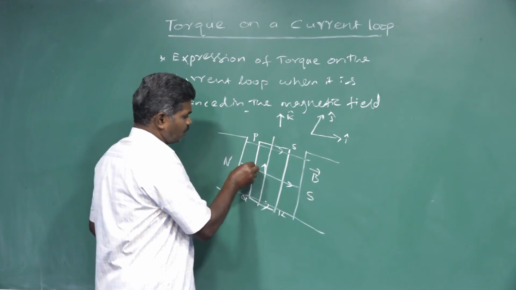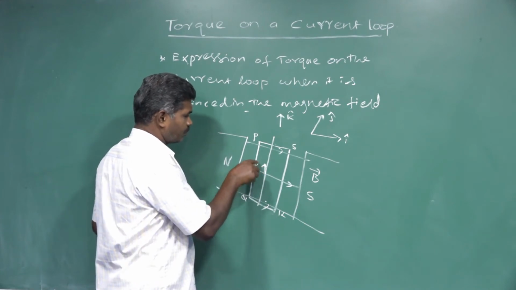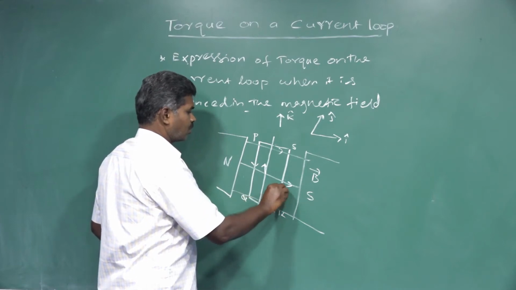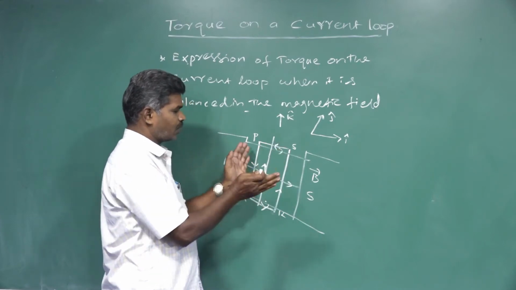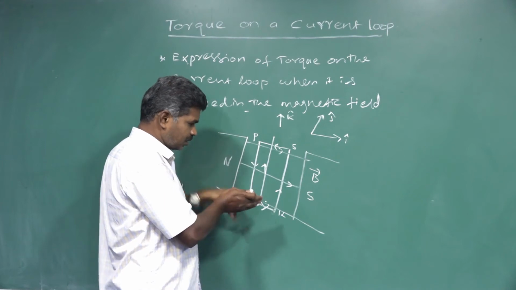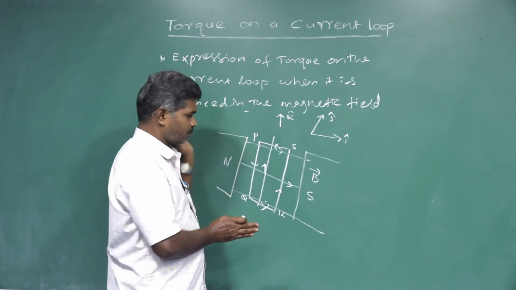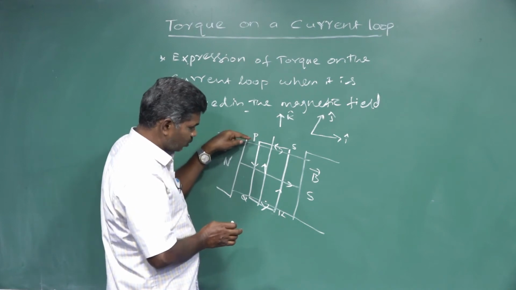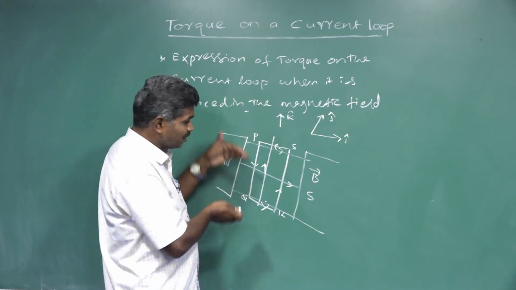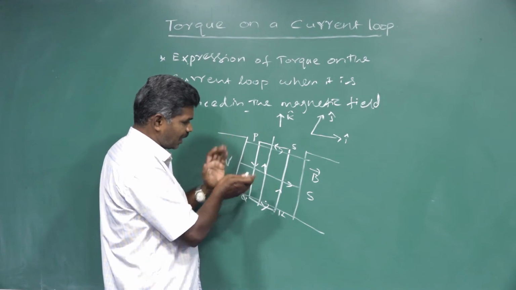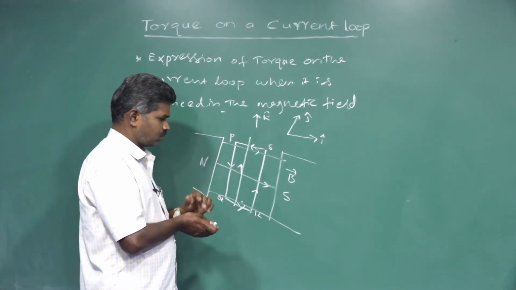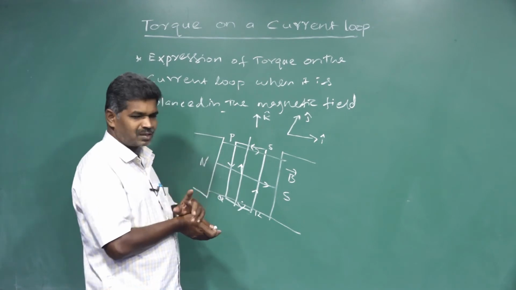Now if you pass a current through P, Q, R, S, suppose the current direction is like this, in a single loop, single turn. The rectangular loop has two length sides and two breadth sides.